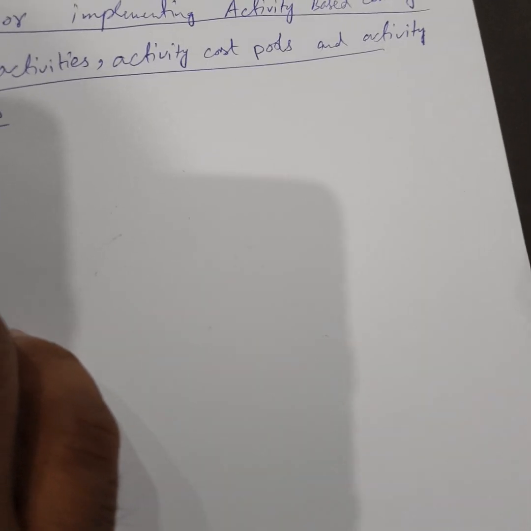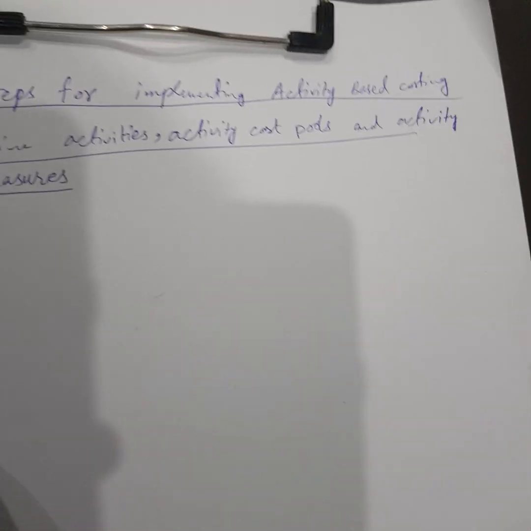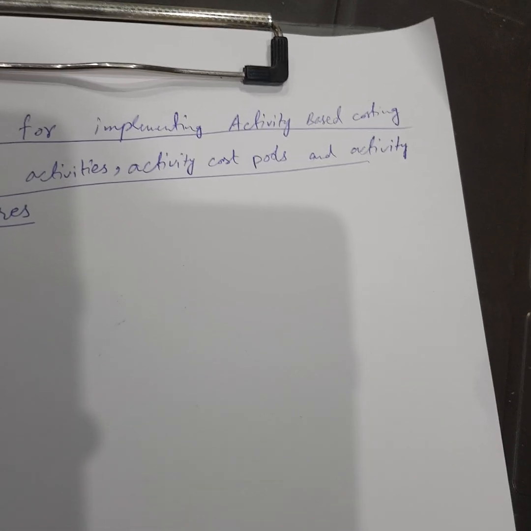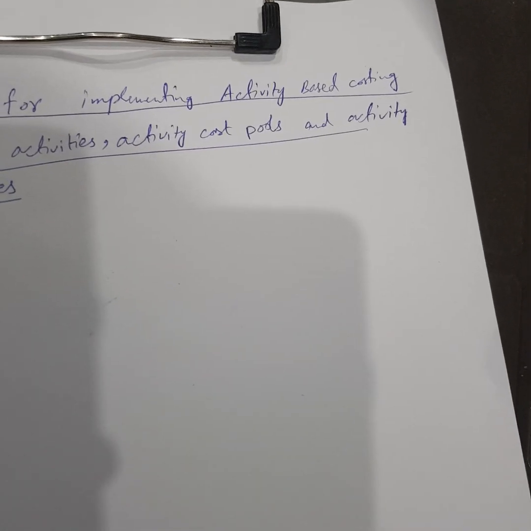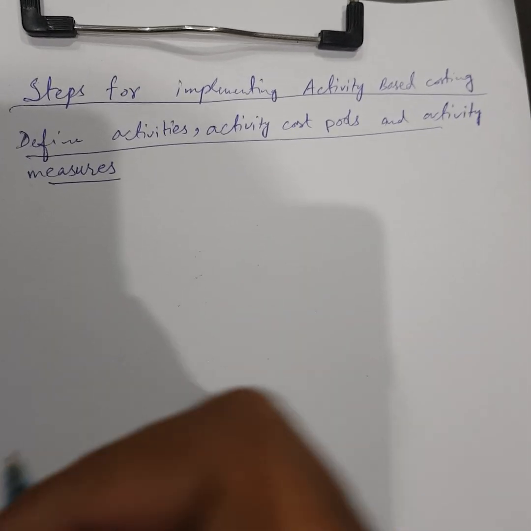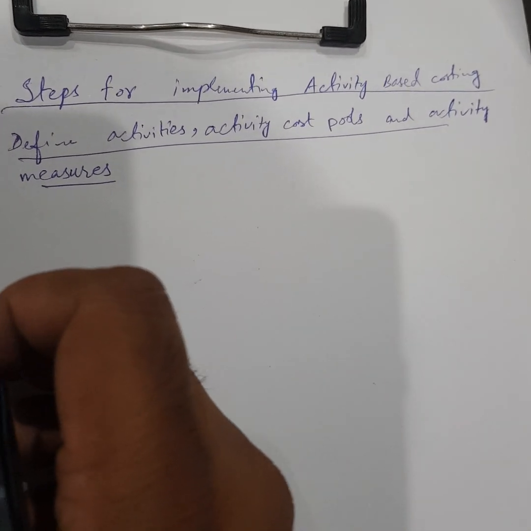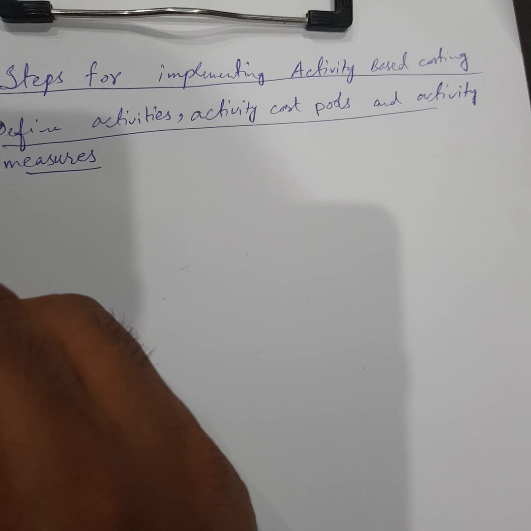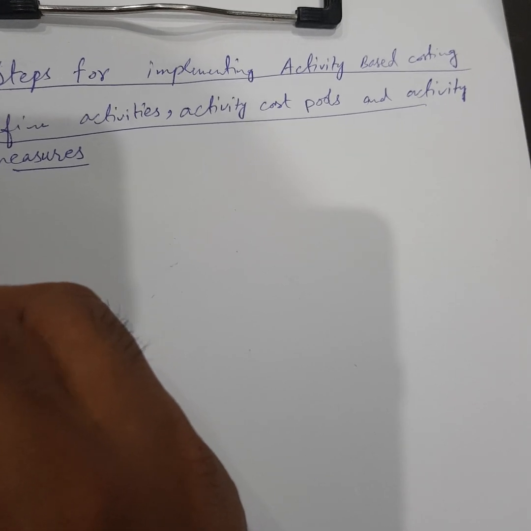When we combine our activities in activity based costing, activities should be grouped together at the appropriate level. It is important to note that batch level activities should not be combined with unit level activities or product level activities, because as we discussed earlier, batch level activities are different, unit level activities are different, and product level activities are different.